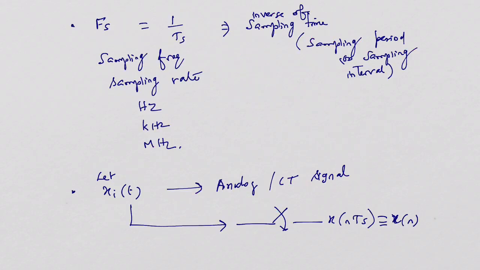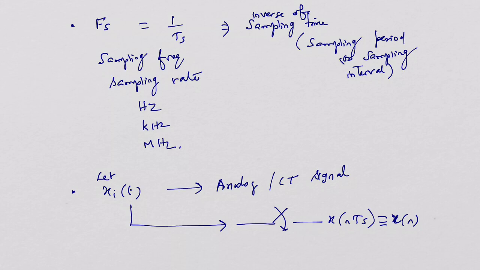So Fs, the sampling frequency. The inverse of the sampling period is called the sampling frequency or sampling rate. Sampling rate will be indicated in hertz or cycles per second. The time interval between successive samples is called the sampling time or sampling interval.